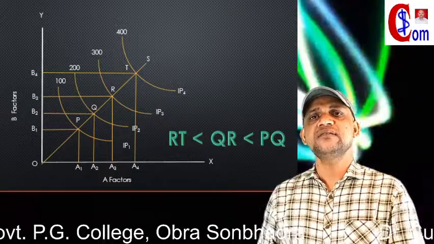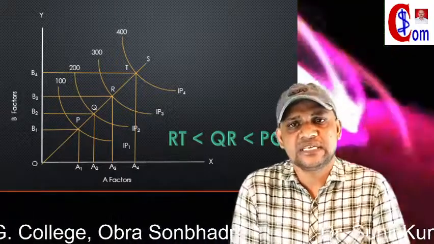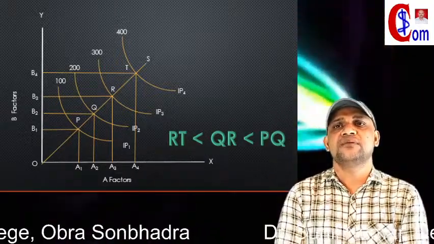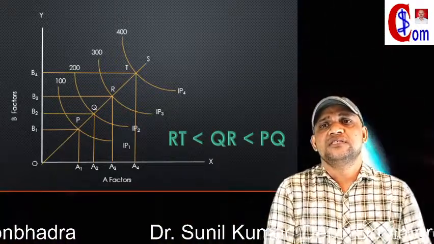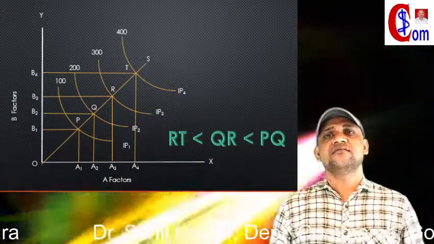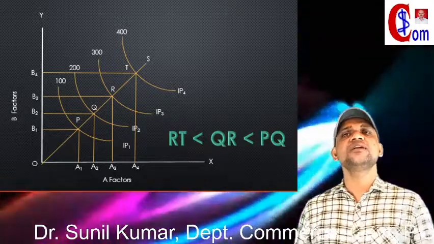For every successive isoproduct curve, the rate of proportionate change in the factor quantity goes on decreasing.